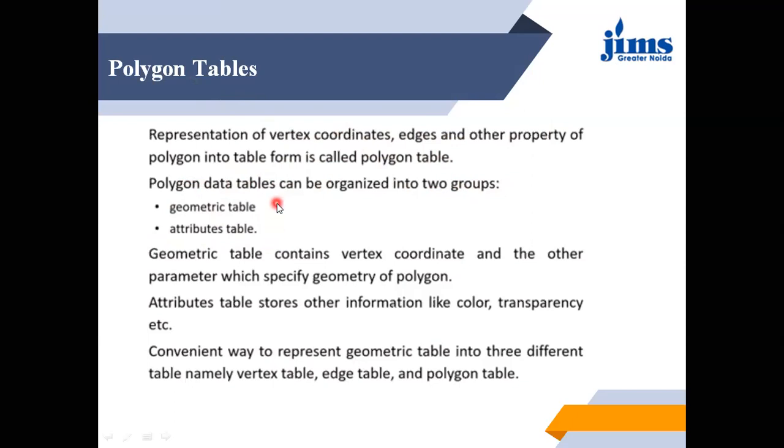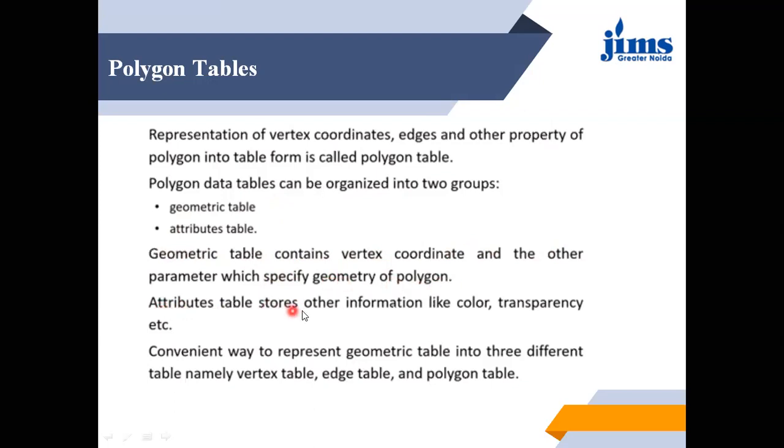In the geometric table, the coordinates and the information about the location of the object are stored, whereas in the attribute table the properties of the polygon are stored. So the geometric table contains vertex coordinates and other parameters which specify the geometry of the polygon, meaning the location of the polygon.